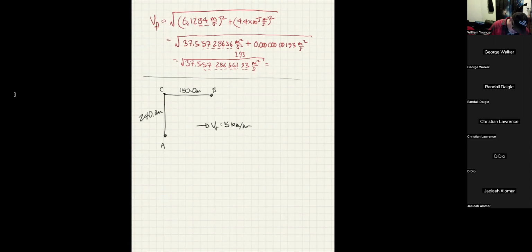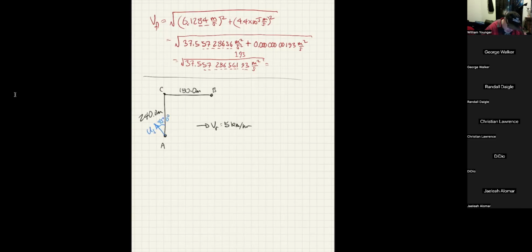Now, what we do know is that the swimmer is going to be swimming with a velocity u sub s at 45 degrees, which I'll call 45.0 degrees, just to make sure we have a lot of sig figs.